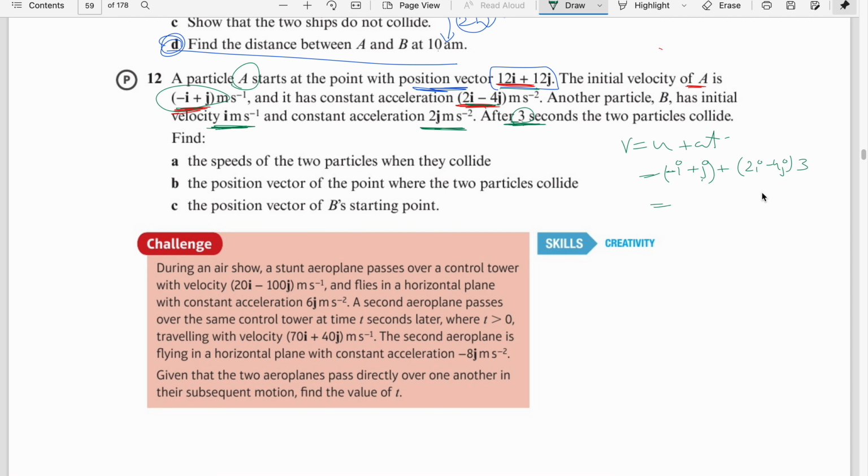So they collide after 3 seconds. So velocity of A after 3 seconds would be minus i plus j plus 3 twos are 6i, 3 fours are 12j, so 5i minus 11j. When they collide, the velocity of A would be this.